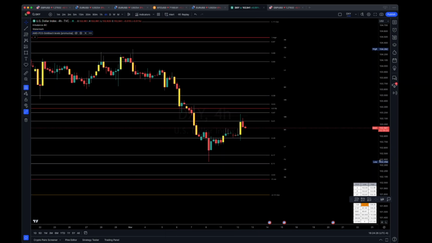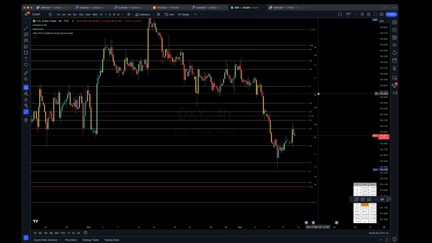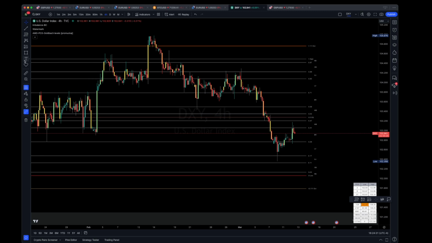It's hard to see, but what's actually running is our old friend Algorithm 2. And Algorithm 2 goes rejection block, breaker block, fair value gap, and it terminates at the opposing order block.